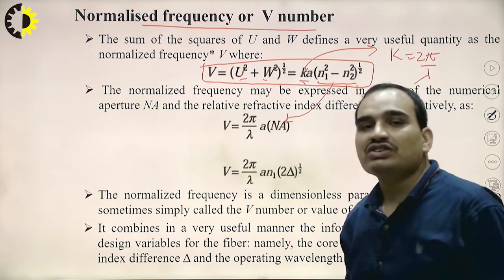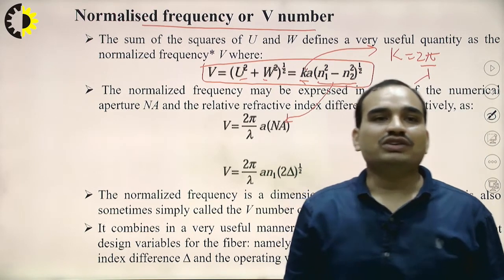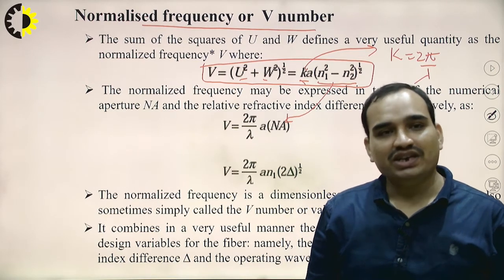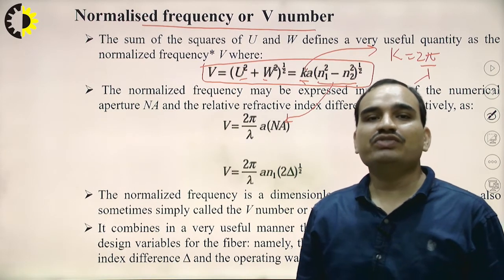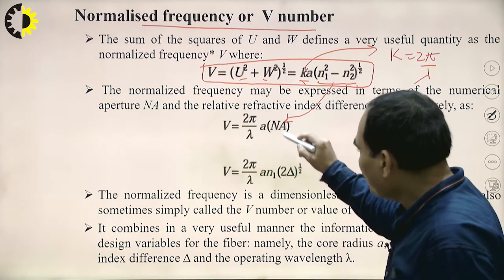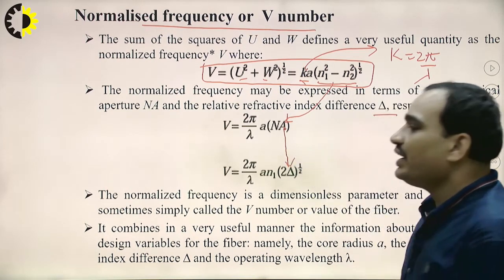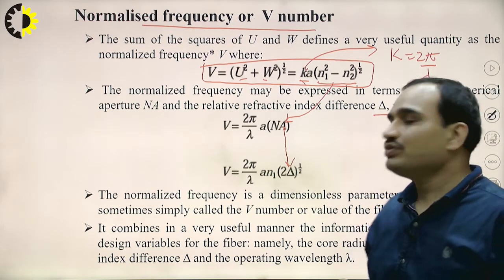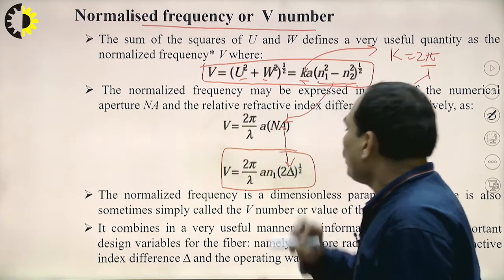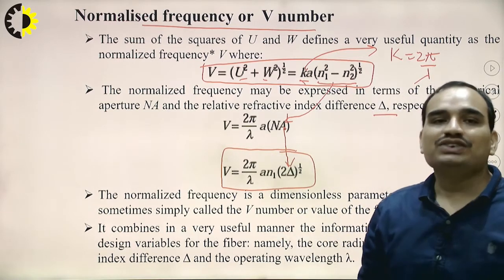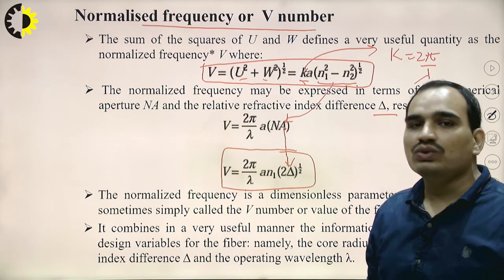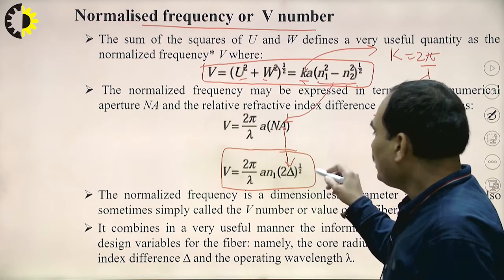If we substitute the numerical aperture, the normalized frequency can be expressed in terms of the numerical aperture and the relative refractive index difference, that is delta. We know the relation between the numerical aperture and delta. So our normalized frequency V can be written as 2 pi by lambda times a times n1, that is the refractive index of the core, times square root of twice delta.